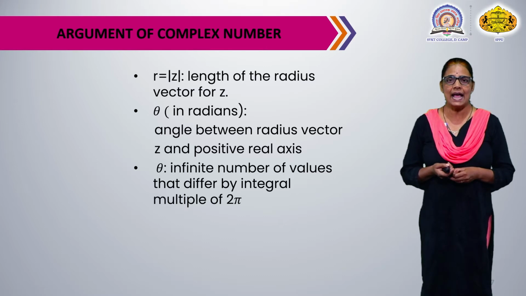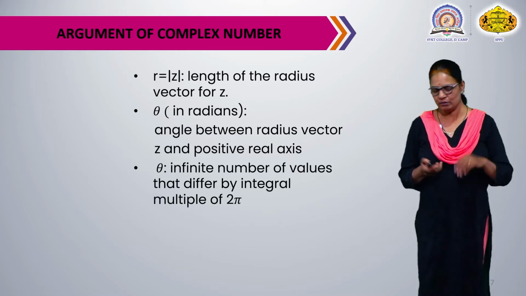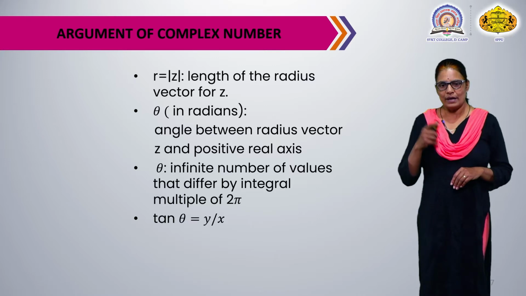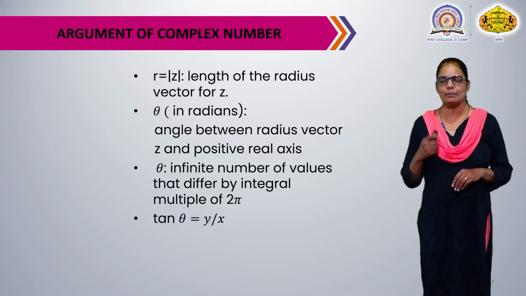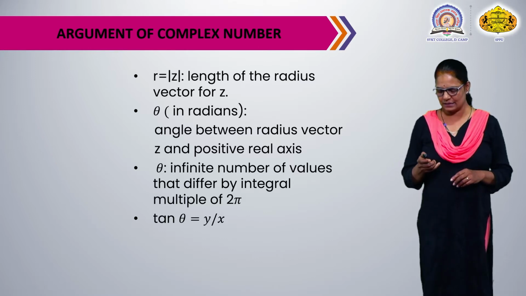This theta has infinitely many values including negative ones, and they differ by an integral multiple of 2 pi. We have to calculate these different values of theta by using the equation tan theta equals y upon x.